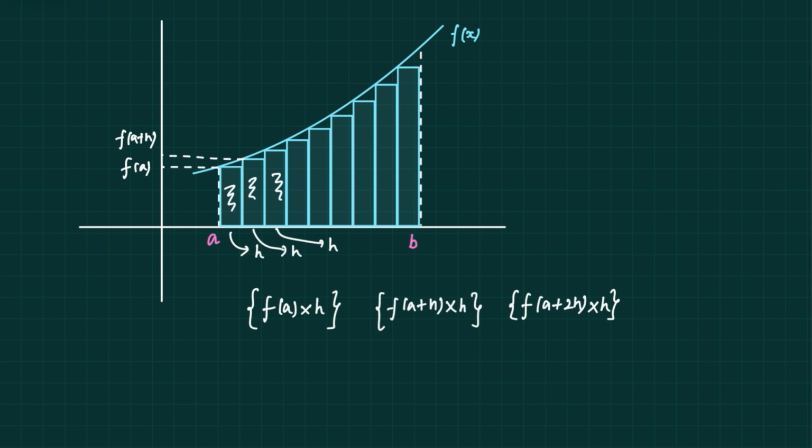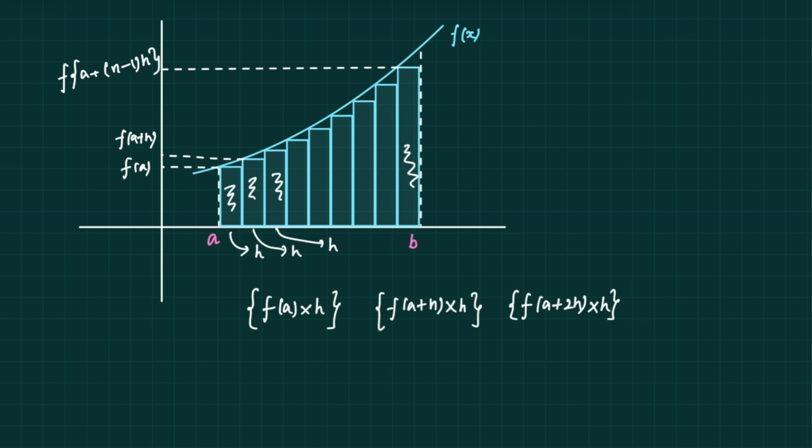So similarly, finding the area of all rectangles up to the nth rectangle, the area of the nth rectangle will be length into breadth. Since this point was a, this point was a plus h, this point was a plus 2h, similarly this point will be a plus (n minus 1)h. So the corresponding value for this particular point will be f of a plus (n minus 1)h.